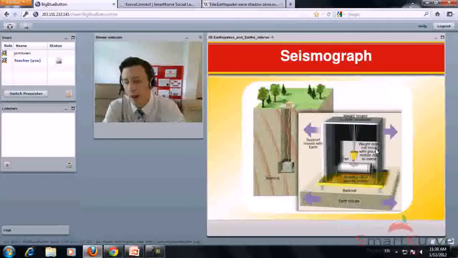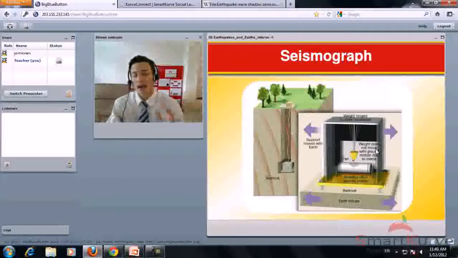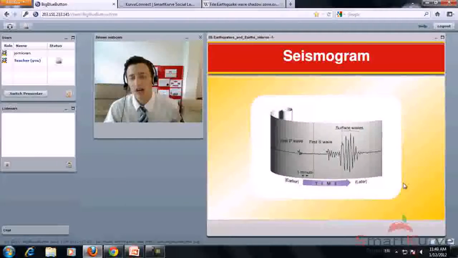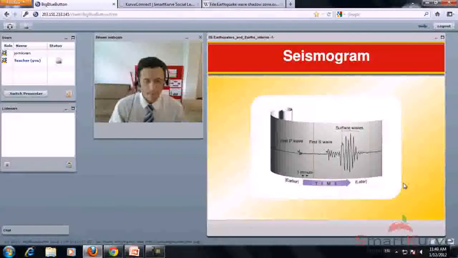We have a pen attached to a weight, which is hinged to allow movement. That metal box, the support, will move along with the earth, but that weight, which is hanging from a string, will not move. So the box and the paper roll will move. The pen stays still and records the motion. On the next slide, we see a seismogram.